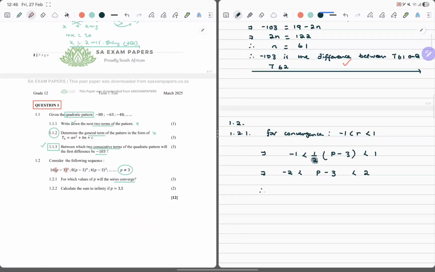Then we transpose 3. When we transpose it to this side, we get 1 less than P, which is also less than, transpose there, we get 5. Now these are the values of P that will give us what we want. When we transpose, there's no change in the inequality.